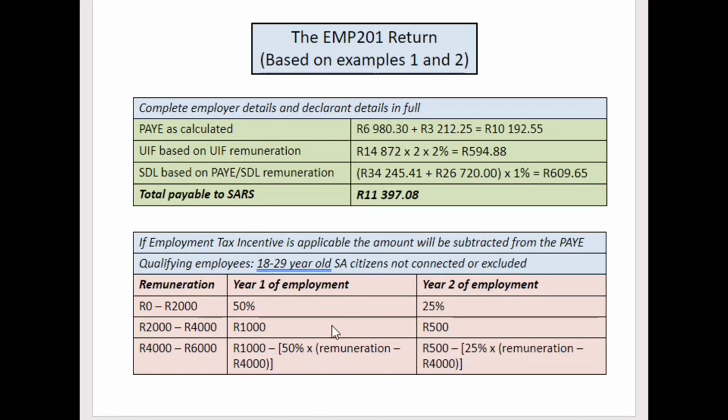Then it talks here about the employment tax incentive. It is applicable if, let me read it: if an employment tax incentive is applicable, the amount will be subtracted from the pay as you earn. Qualifying employees are 18 to 29-year-old South African citizens that are not connected or excluded and who earn less than 6,000 Rand a month.